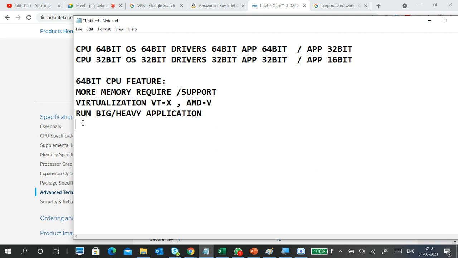Video kind of stuff also we can process. We can process big or heavy applications in 64-bit. A few may not support it, but the maximum of 64-bit processors support Intel virtualization or AMD virtualization. It requires more memory to run the programs, and also supports more memory modules, so we are able to increase it. So that is another feature of 64-bit.